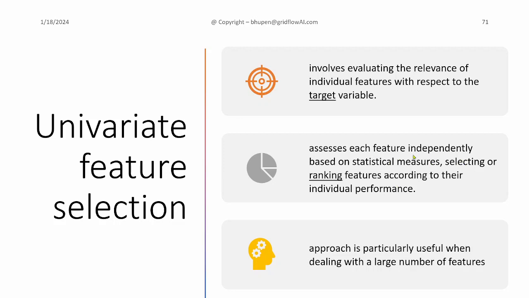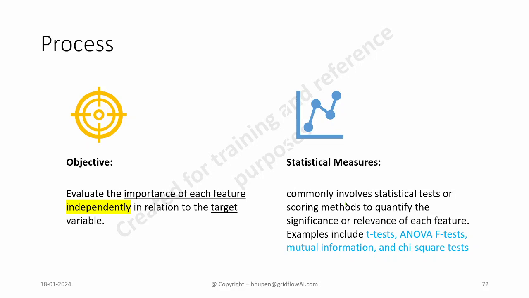It also allows the ranking of the columns in terms of significance, and it treats each column independently. That's quite obvious because we're going to do single column analysis. That means one column is being analyzed at a time, so it is pretty much going to be independent. Each column is treated independently, and this approach is very useful when we deal with a large number of columns.